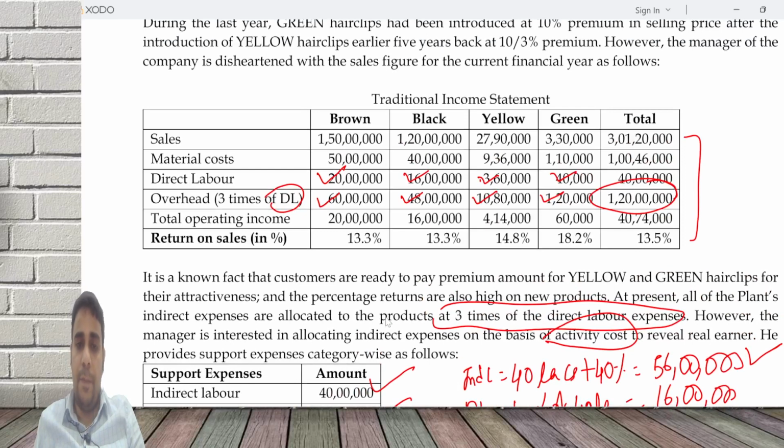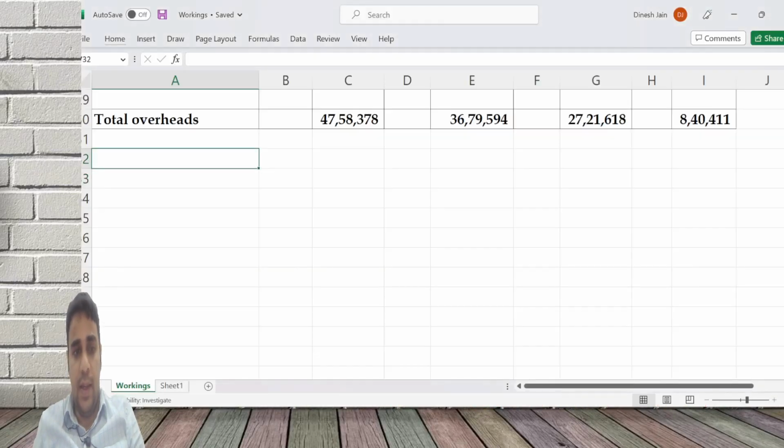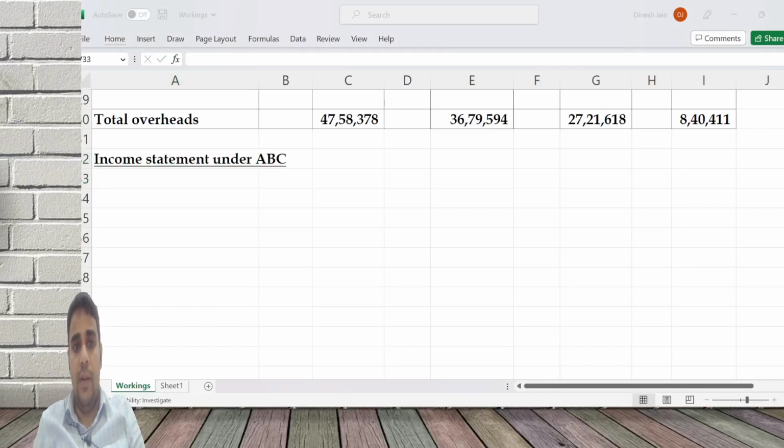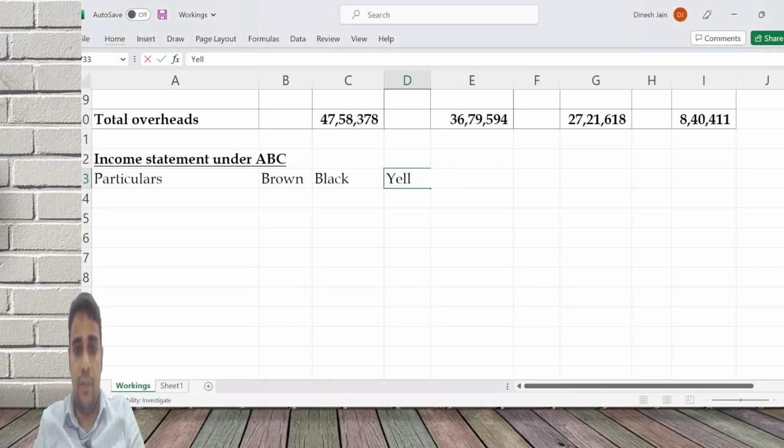Now we are going to prepare an income statement in the same manner, exactly the same headings. Overheads will change. Income statement under activity based costing. Particulars, 4 products in total: brown, black, yellow, green.